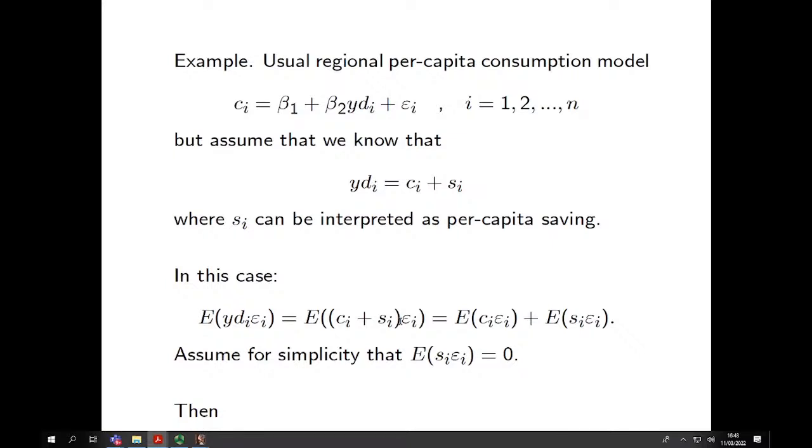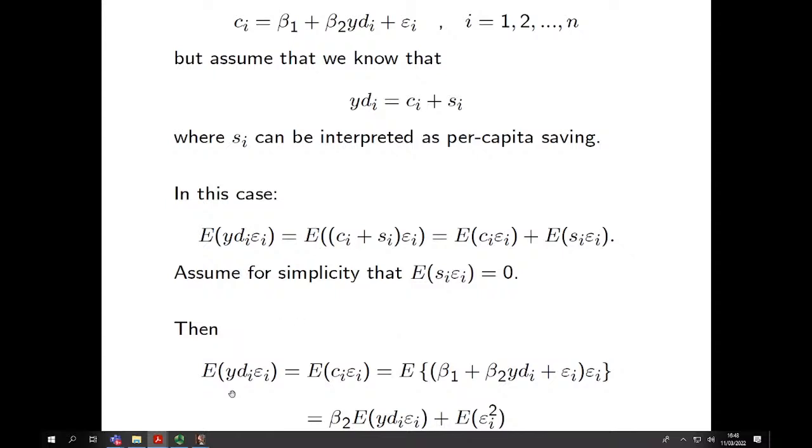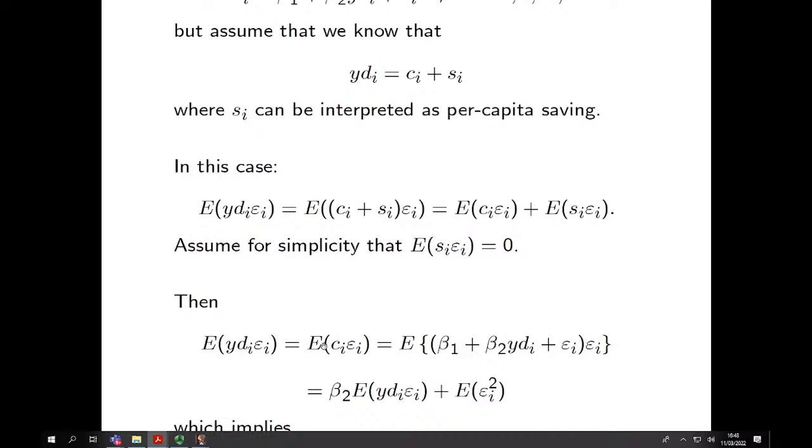So we can put this element here to 0. Okay? It's simply a simplification, nothing more. Then the correlation between regressor and the error term will collapse only to this number here.